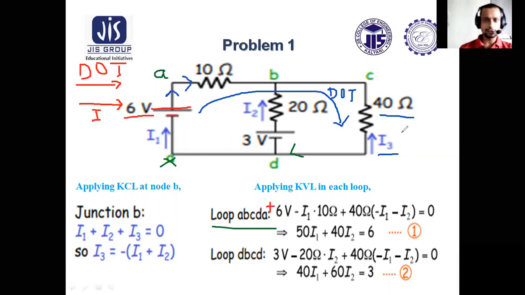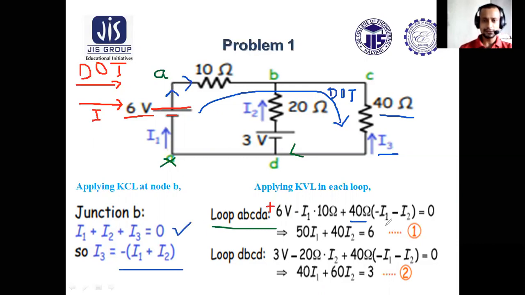So if direction of travel and direction of current are in opposite direction, that implies it should be considered having a positive sign. So magnitude of voltage drop will be 40 into I3. So I3 can be written as minus of I1 plus I2 based on this equation.